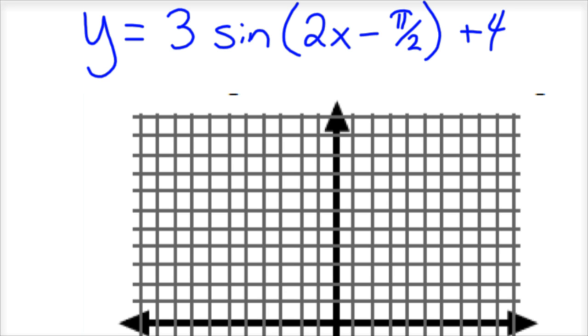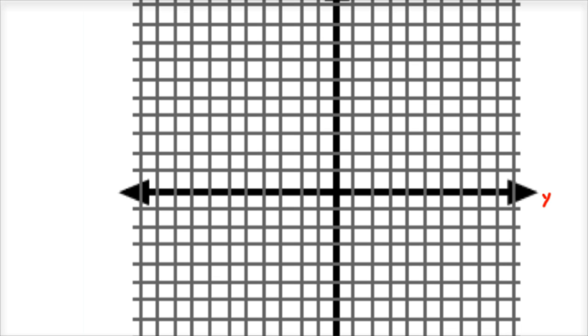So like I say, the first thing I do is look at d, or this constant added to the function, plus 4. That is my midline. So if this is our x-axis and y-axis here, I'm going to go up 4 and draw a dotted line. And that is my midline.